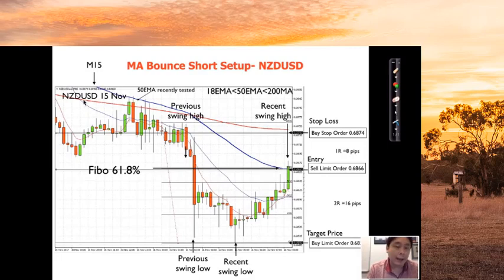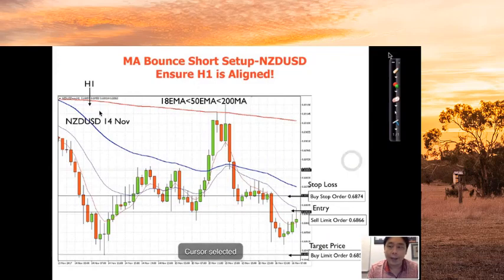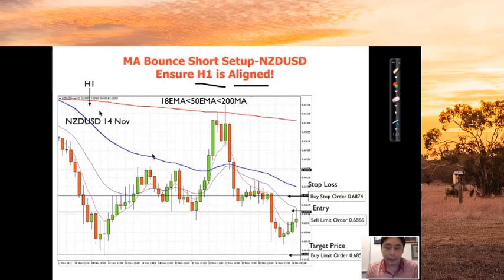So again, I click on H1 hourly candles to check that H1 is aligned as well. On the hourly candles, you can see the clear downtrend pattern again. 18 EMA below the 50, 50 below the 200. Clear downtrend pattern. Okay. Our entry price is here. Stop loss is over here, and profit target is over here.